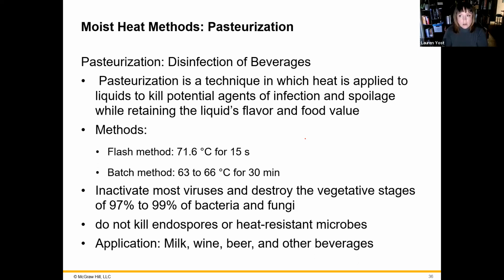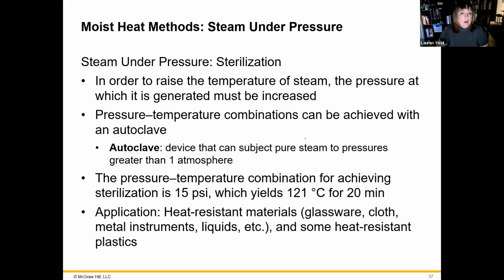Pasteurization does not sterilize. It will inactivate most viruses and destroy vegetative stages of about 99% of bacteria and fungi. So we use this for milk, wine, beer, and other beverages, which most of us are aware of.